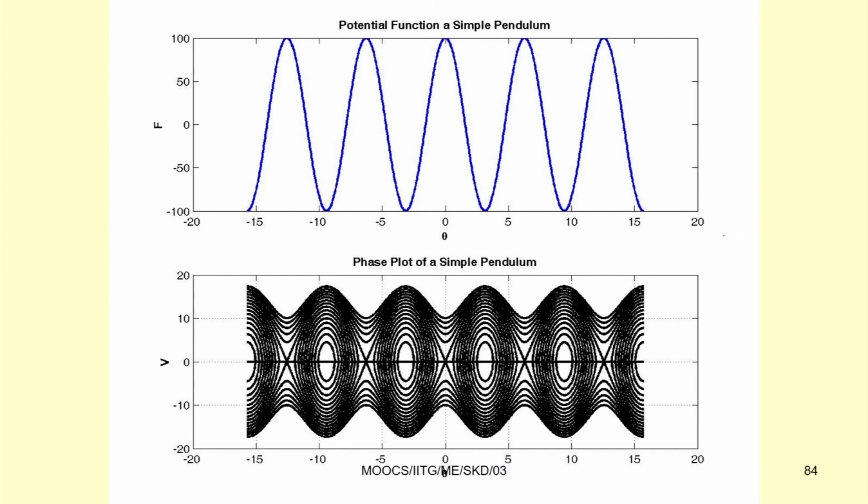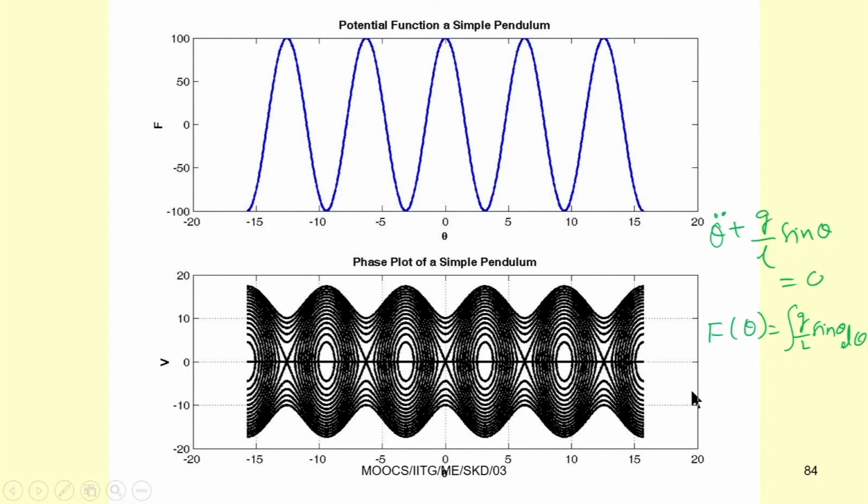The simple pendulum equation is theta double dot plus g by L sin theta equal to 0. So, here small f(theta) equals g by L sin theta, and F(theta) will be the integral of g by L sin theta d theta. You can integrate it easily and you can plot it.